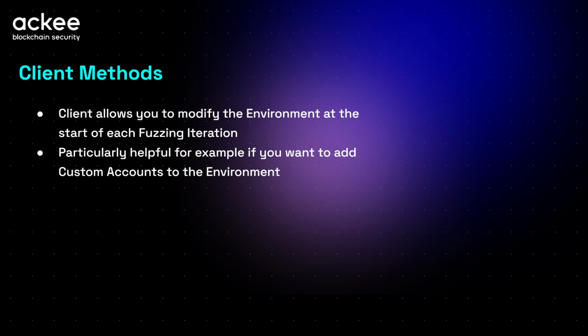So let's say you want to add some kind of config to the environment, and you are fuzzing a smart contract or Solana program which does not have this kind of config. You need to manually add the account to the fuzzing environment before the fuzzing iteration starts. You can do this with the methods that are available in the client.